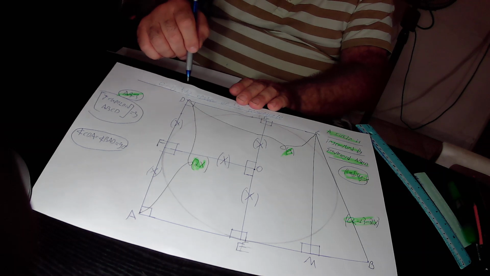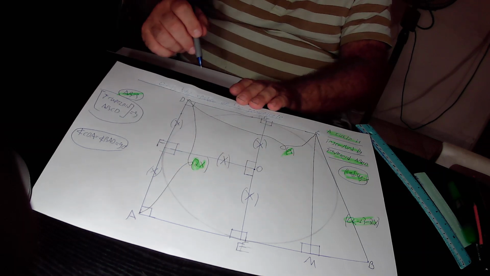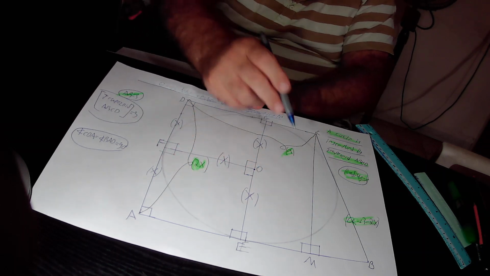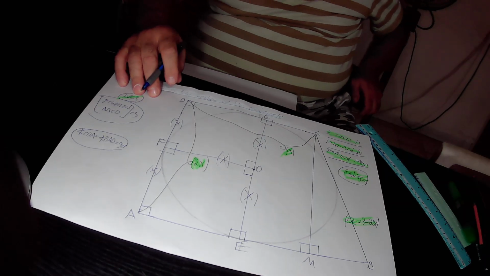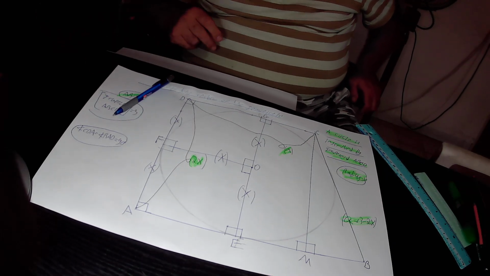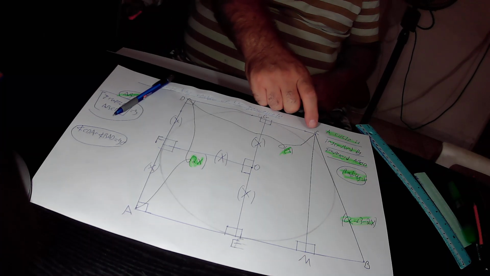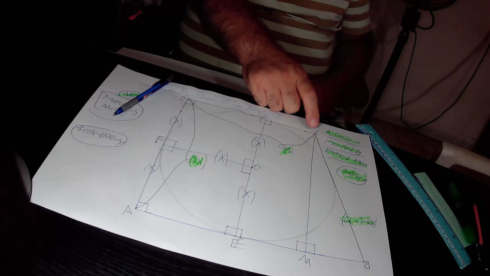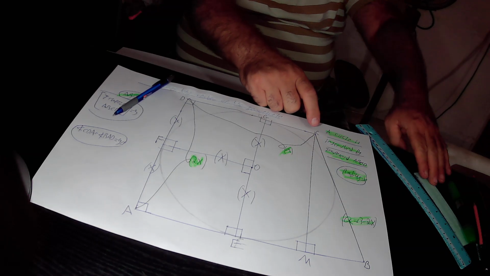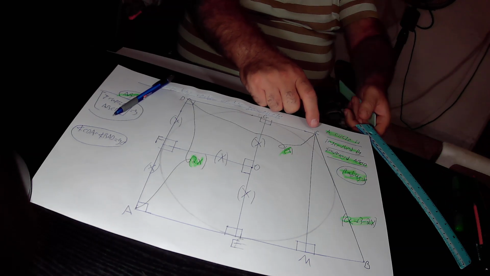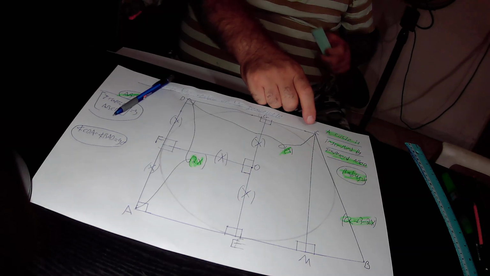In the big quadrilateral DCMA, we have 1, 2, 3 right angles. The sum of 3 right angles is 270 degrees. So 270 degrees plus the size of this fourth missing angle must in total equal 360 degrees, according to the rule that the sum of the angles in any quadrilateral is equal to 360 degrees.